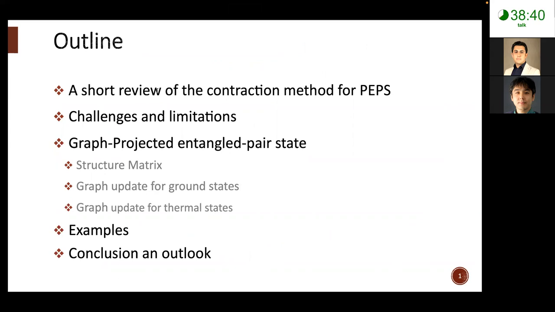I will review some of the limitations and challenges, and then I will introduce the graph-based projected entangled pair state, or GPEPS, and give you some ideas how you can resolve some of these challenges to extend the application of the iPEPS algorithm to lattices with higher dimension and also arbitrary geometry. And in the end, I will also show you some examples of how this algorithm works in practice, what are its advantages and its limitations.